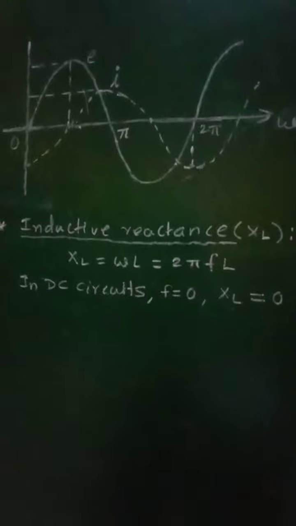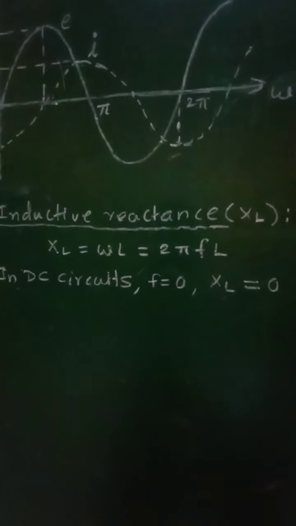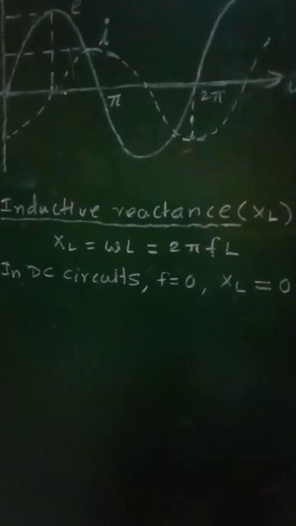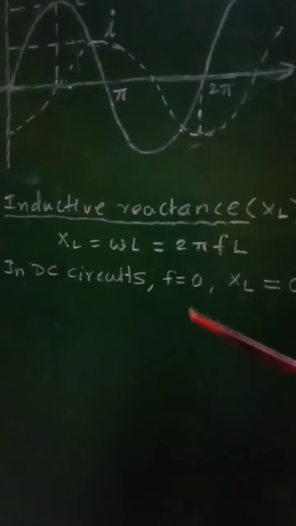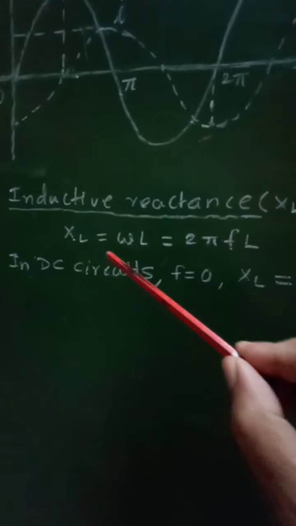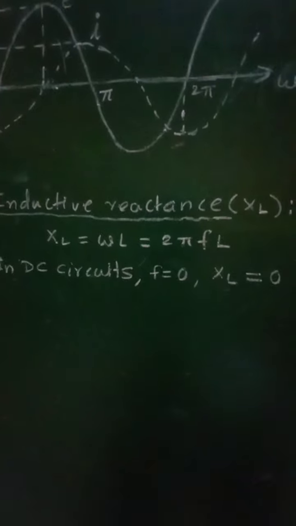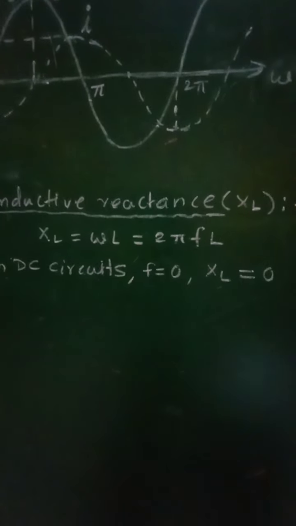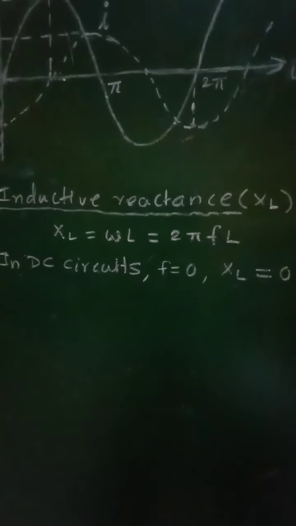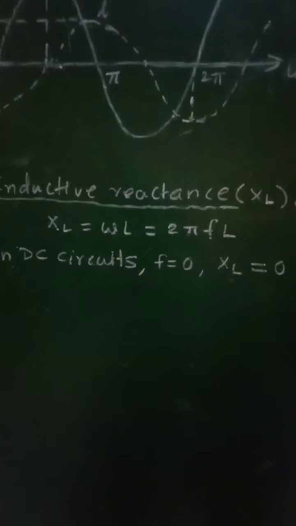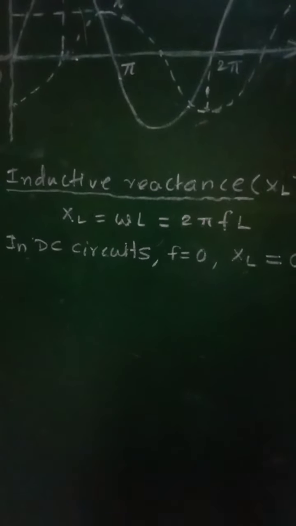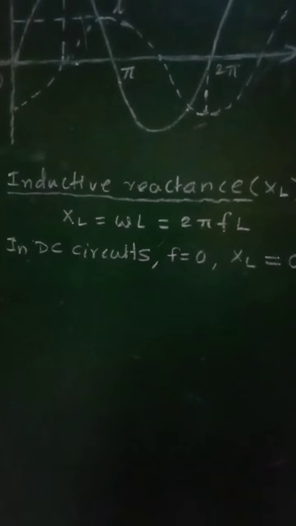That means, in a purely resistive circuit, the role played by resistance is played by the inductive reactance in the purely inductive circuit, and hence the dimensions and the SI unit of XL are similar to those of resistance.